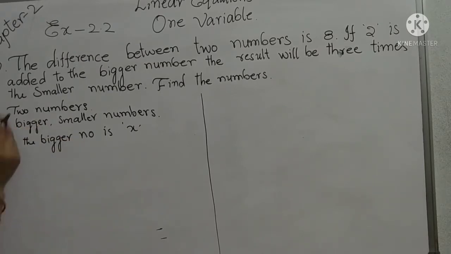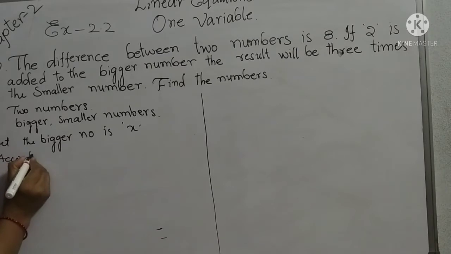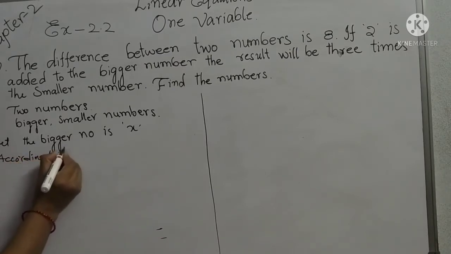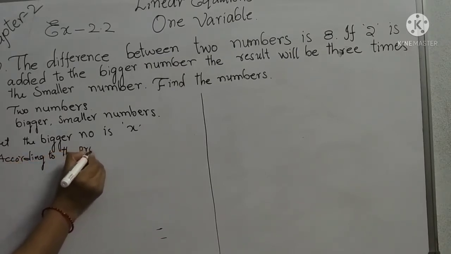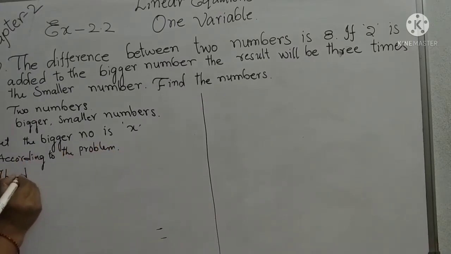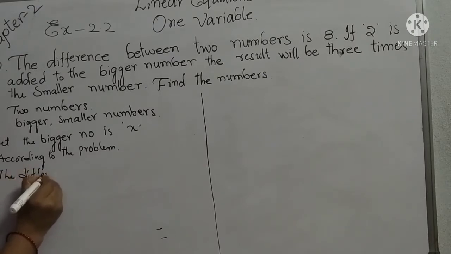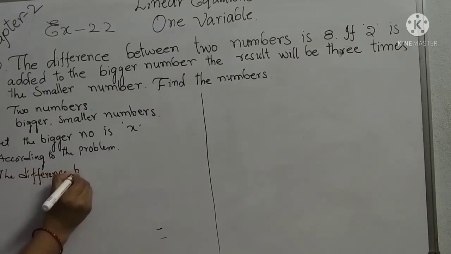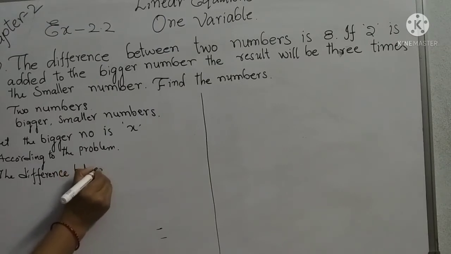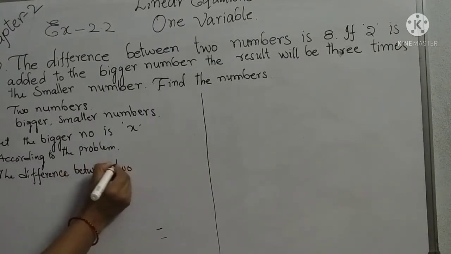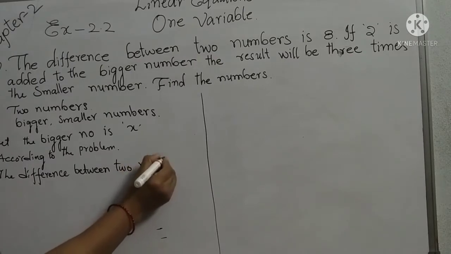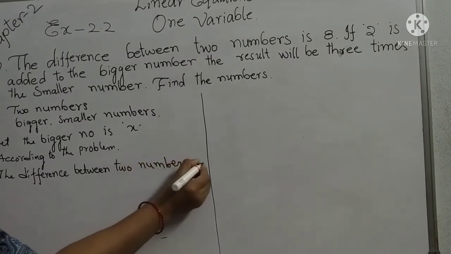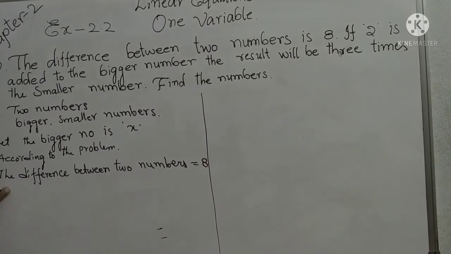Now write that the difference between two numbers is 8, according to the problem: the difference between two numbers equals 8.